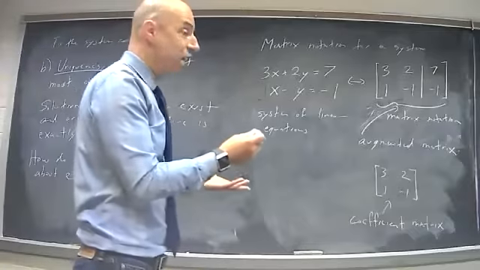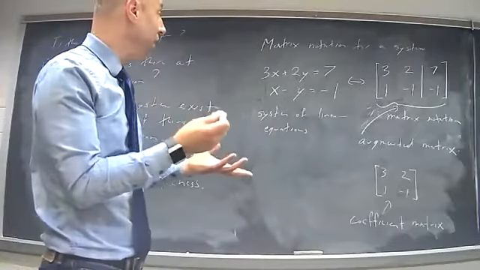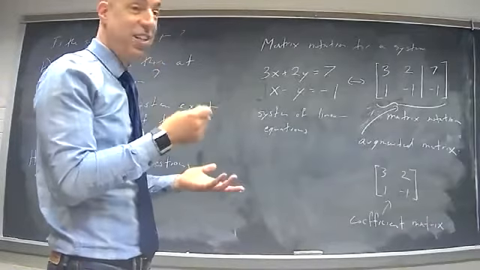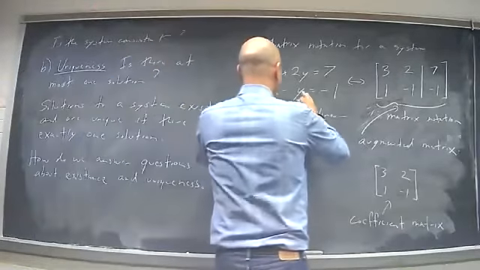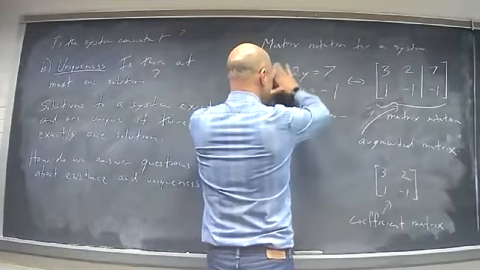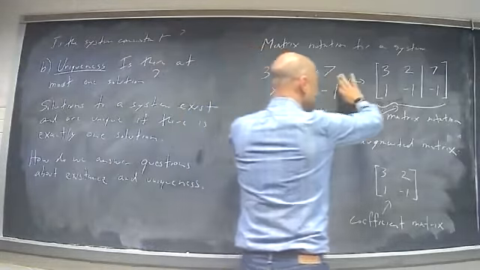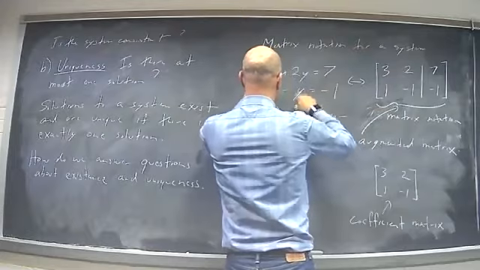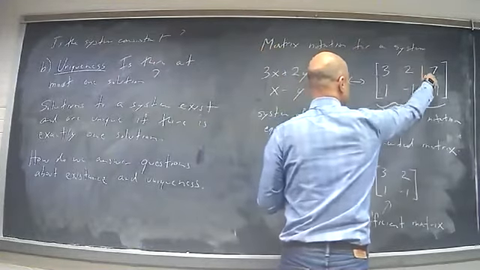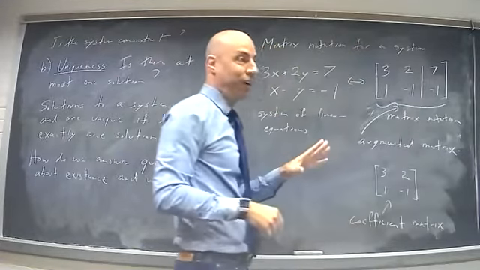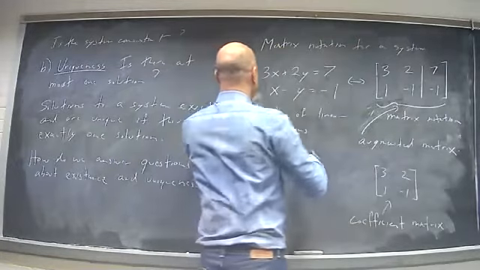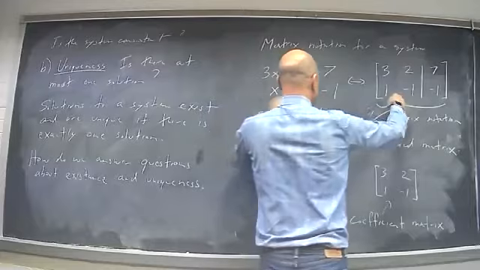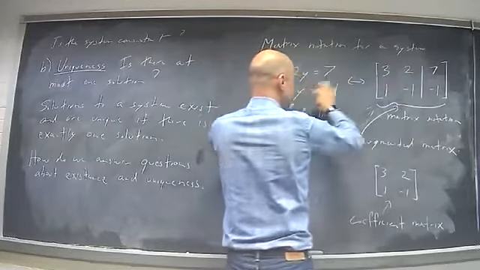And right away, I hope this is going to be easy for you, even if these names, augmented matrix, coefficient matrix, are new. What should be easy is to see a system of linear equations like this and say, oh, if I want to write this in matrix form, I'm just going to take the 3 and the 2, they go there, and take the 7, it goes there, vertical bar. If you want to put the vertical bar in, I think it helps. 1, there's an invisible 1 in front of the x, an invisible -1 in front of the y, and the -1. So you should be able to take this and write that.